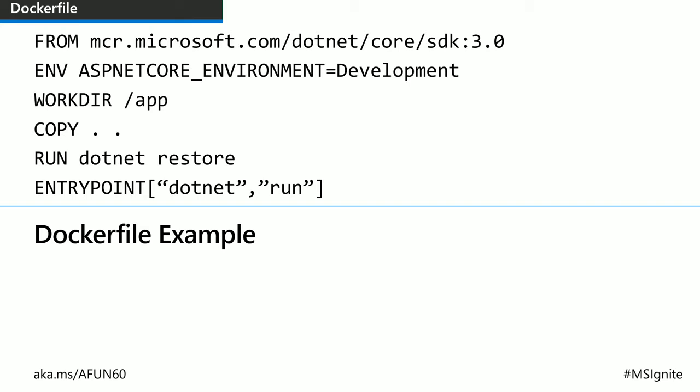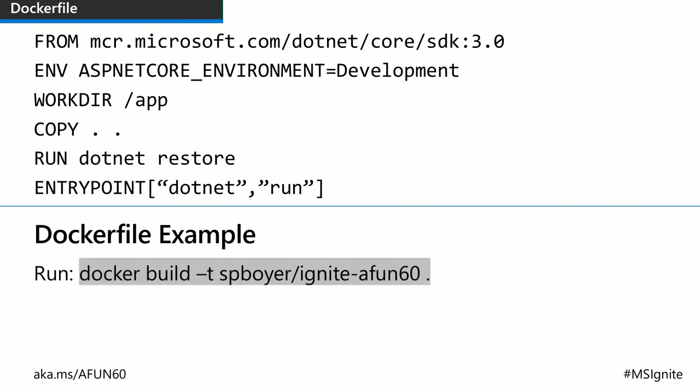We're creating a work directory of /app. The next line, we're copying our source code, the first dot, to the /app, which is the second dot here. We're running a command, dotnet restore, which in our case would just restore all of the NuGet packages, all of our dependencies to build our app. And then our entry point would just run our application by running dotnet run.